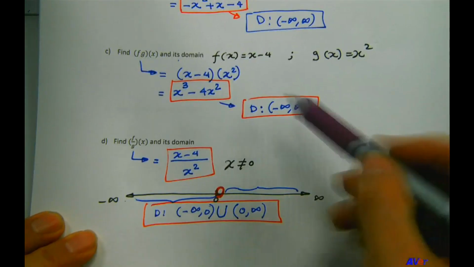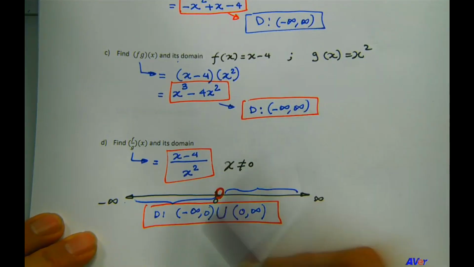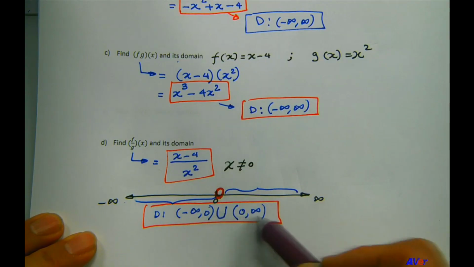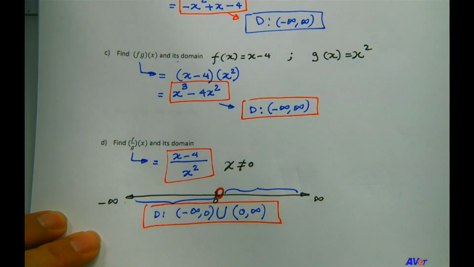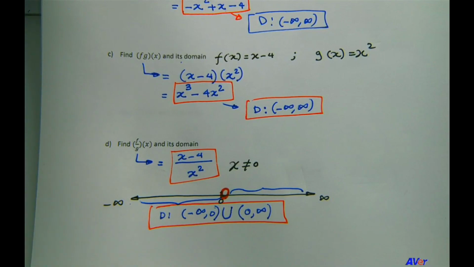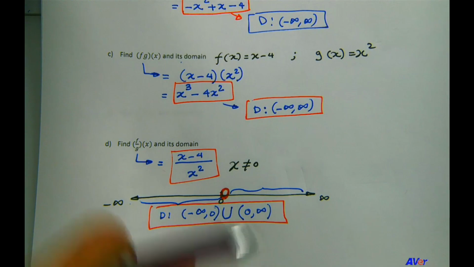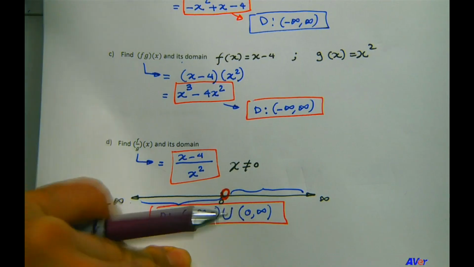So no longer negative infinity to infinity, but negative infinity to 0, union 0 to infinity. Okay, I hope this is making sense. So once again, the domain of the combined function must satisfy the domain of the other two parent functions. It must satisfy all functions, is what we're saying, the parent and the combined function.